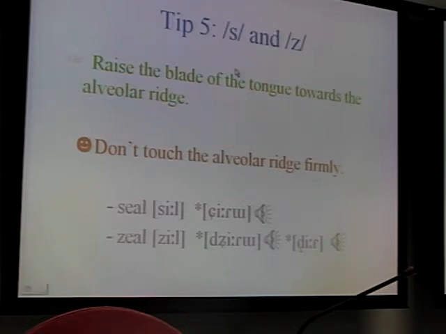But the problem is that when the vowel E is followed by S, it is pronounced as an alveolar palatal fricative. So "seal" is pronounced as "sheel."